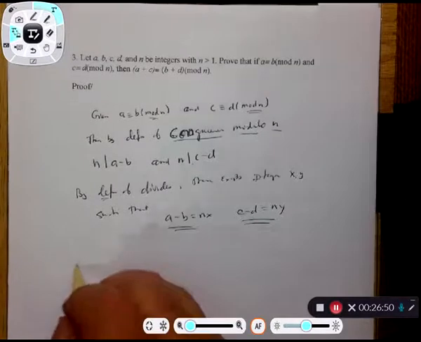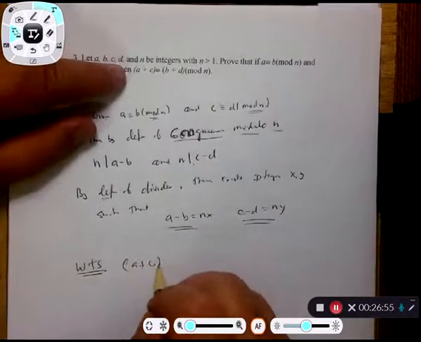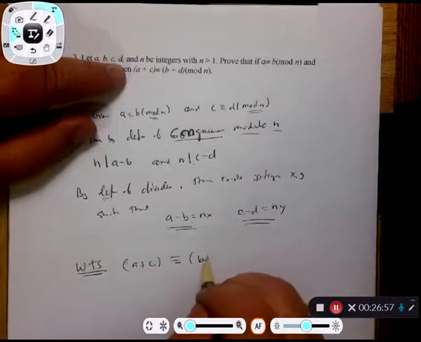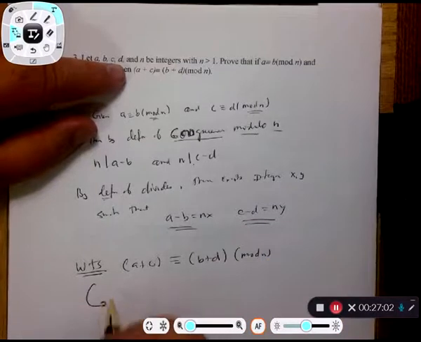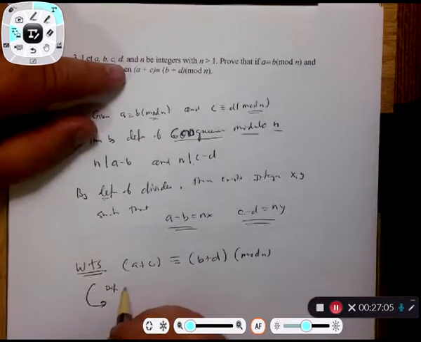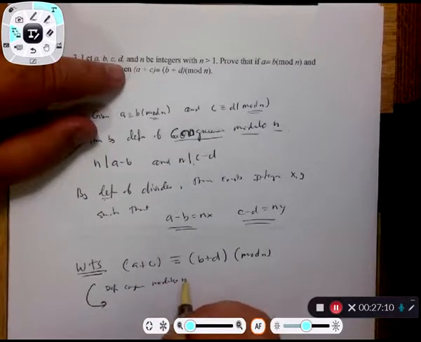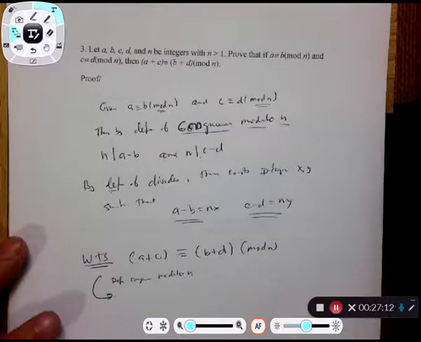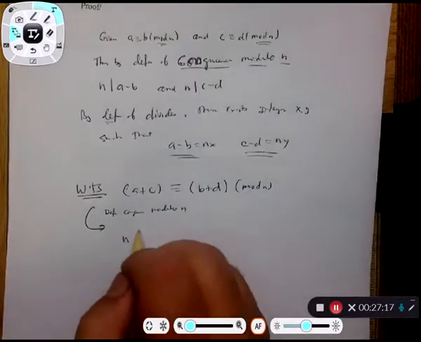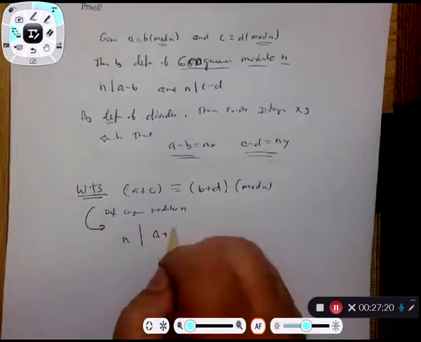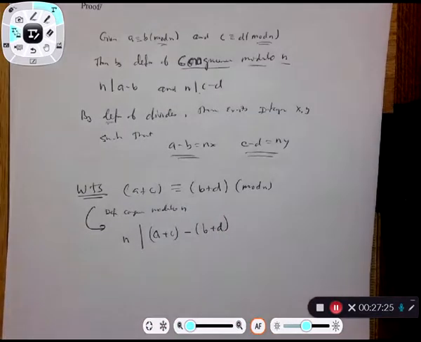Now, what do I want to show on this guy? I want to show that A plus C is congruent to B plus D mod N. What does that mean? This is actually the definition of congruence modulo N. That means that N divides A plus C minus B plus D, and notice the wonderful use of parentheses there.